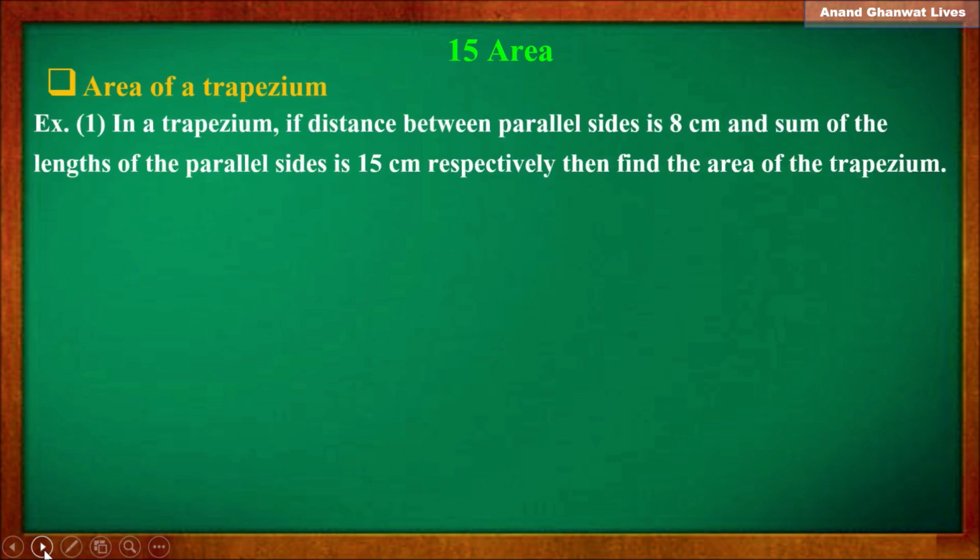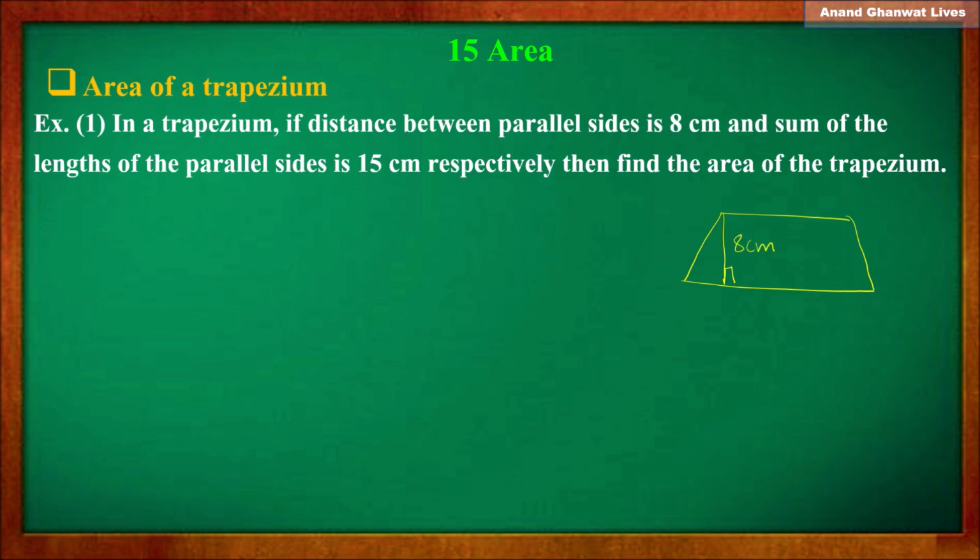Next, now second example. In trapezium, if the distance between parallel sides is 8 centimeter and sum of the lengths of the parallel sides is 15 centimeter, then find the area of a trapezium. Again, we can draw here the diagram of trapezium, and let's write the information given. The distance between the parallel sides, that is the height, is 8 centimeter.